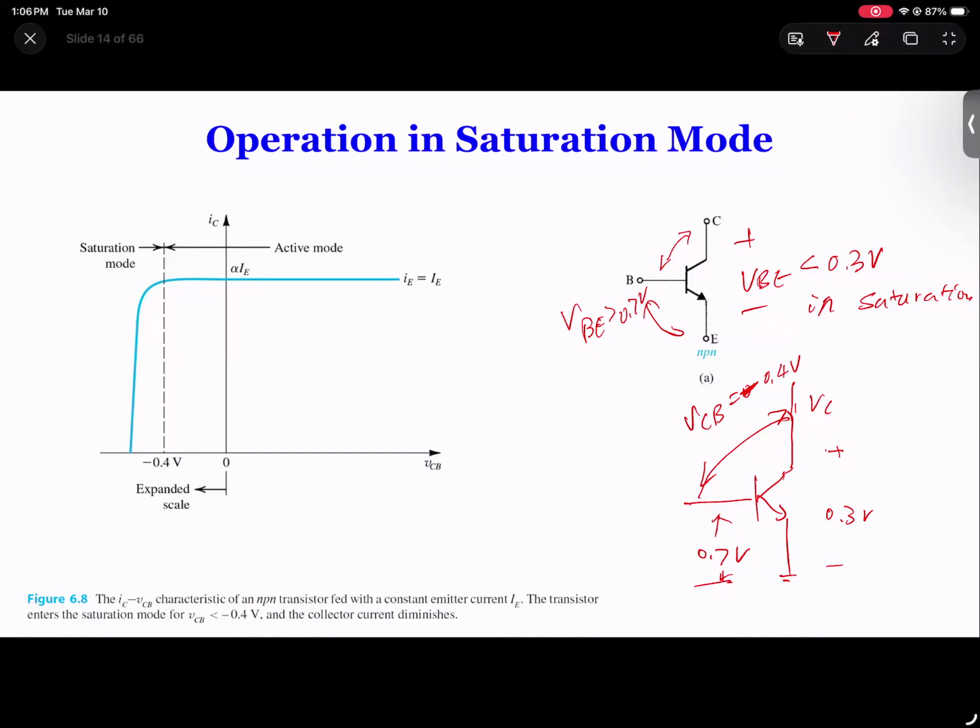If we draw VCB on the horizontal x-axis as a function, this is just a different expression.